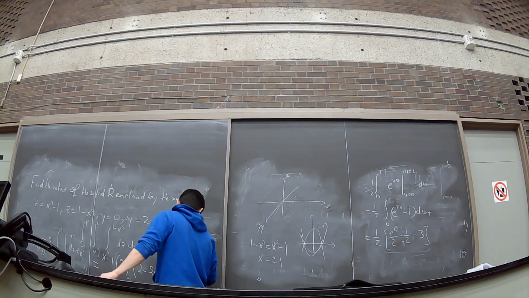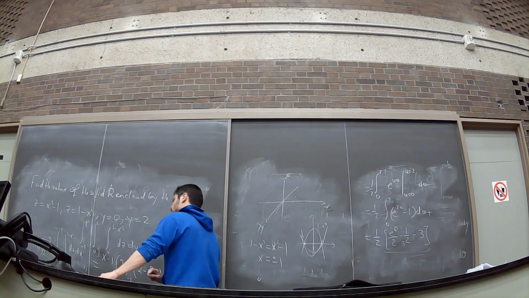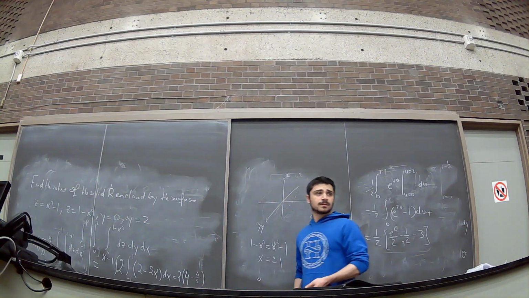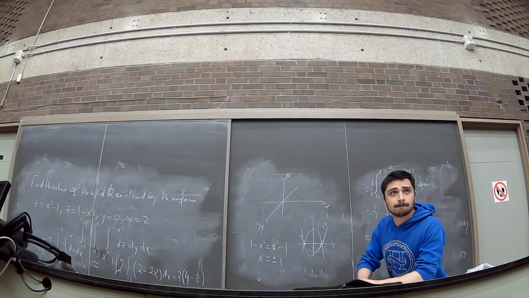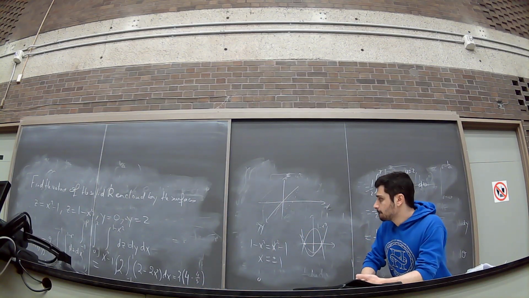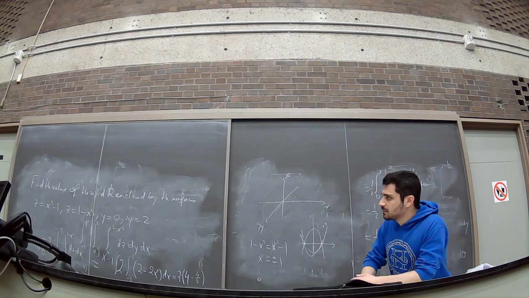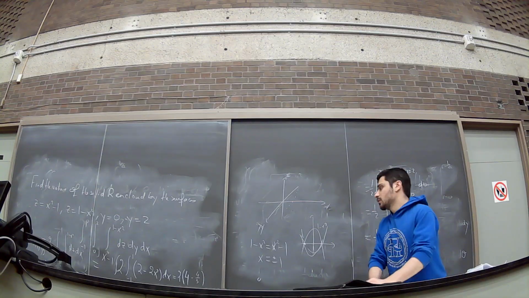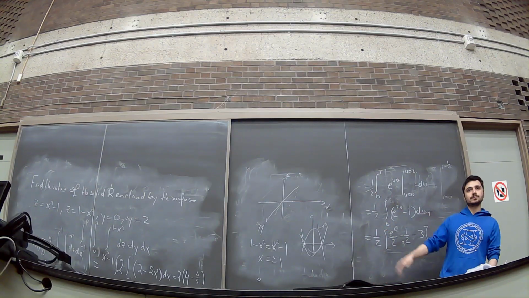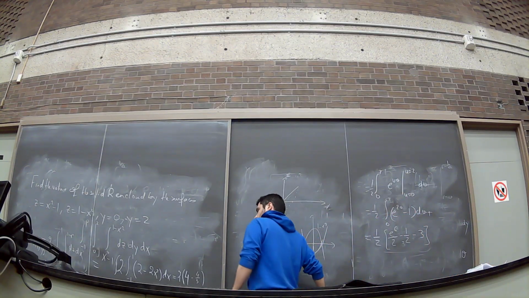Is that it? We get this? Yeah. So you take out 2, so 1 minus x squared from 0 to 1. So it's 1 minus 1/3 times 2 times 2. Yeah. Okay? Great.